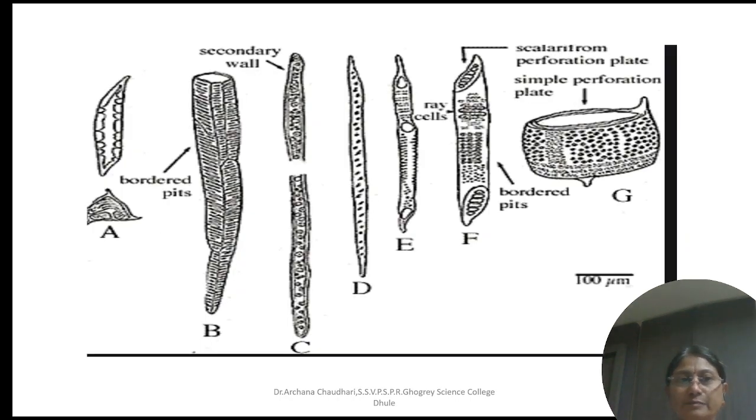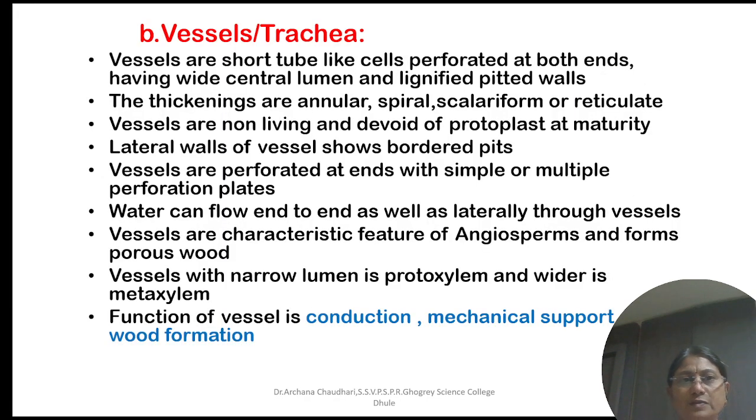This is the diagram. See these tracheids, which are elongated, narrow lumen cells, closed at both ends with a tapered wall. The second element is called vessels, or trachea. The presence of vessels is a characteristic feature of angiospermic plants, particularly dicots and monocots.